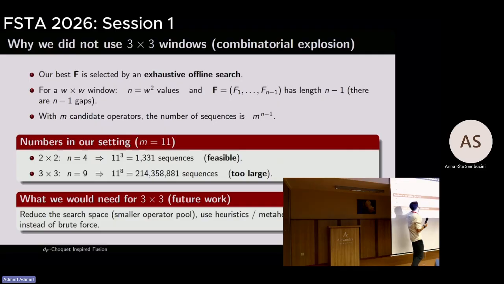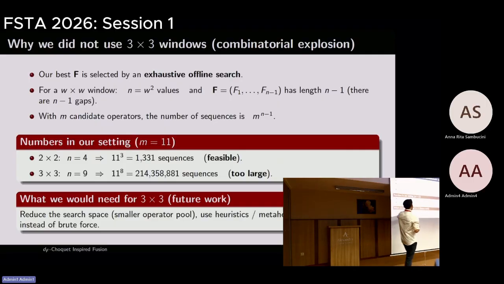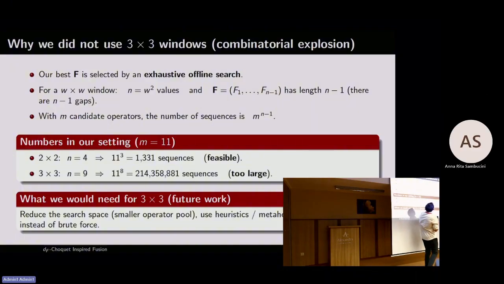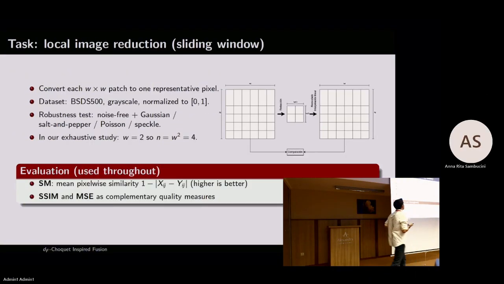That gives us 200 million sequences. If we try to study that with a data set of images and 5 noises, it will last forever. That's why we use 2 by 2 pixels.